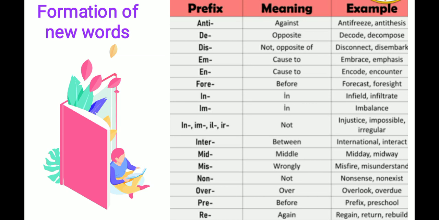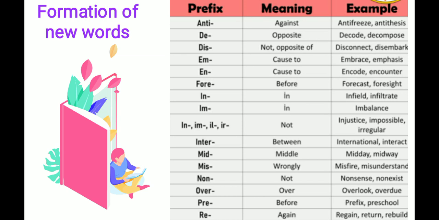That means if we add anti with any root word, the meaning will change and it will add against, like anti-fridge, antithesis. Fridge is the root word, we have added anti. The meaning is now totally opposite. The root word is thesis and I have added anti. The new word is now antithesis.